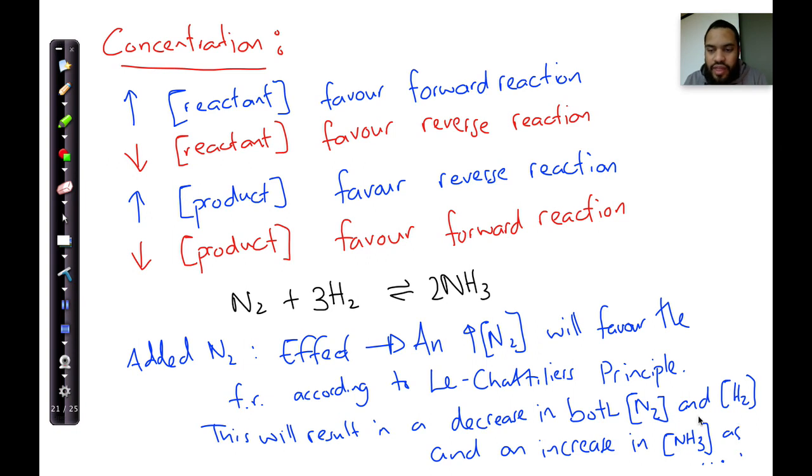The most important, and therefore you will see a higher yield in the concentration of NH3. And this is because when we add more of the reactants, it will favor the forward reaction.